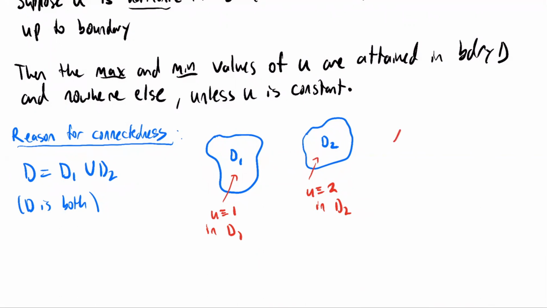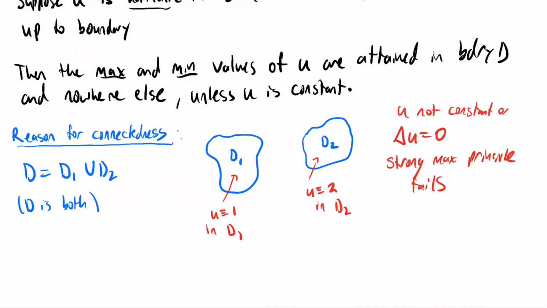As we just mentioned, the Laplacian of U is equal to 0, but the strong maximum principle fails. Right, because this function U is not constant on the domain D, since you can alternate between 1 and 2 depending on which part of D you're in, but the Laplacian is 0, so it's harmonic.